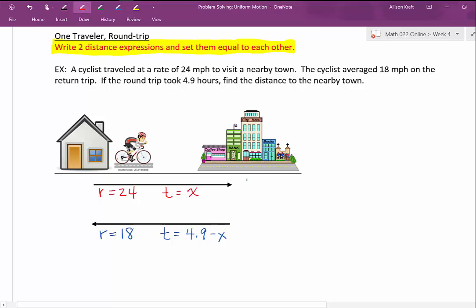That means that the distance going is equal to the rate times time, which is going to be 24x, and the distance expression for returning home, again, is going to be the rate times the time.